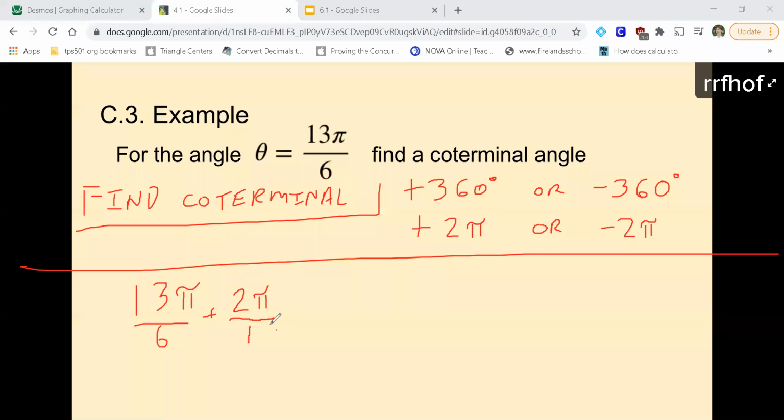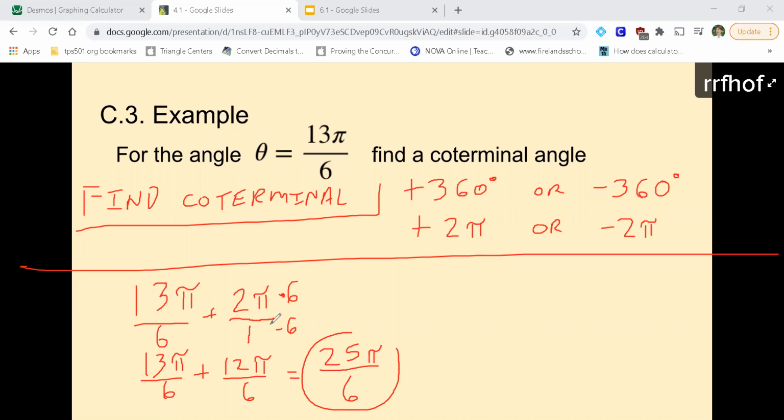So I'm going to multiply by 6 to the top and the bottom, which gets me 13 pi over 6 plus 12 pi over 6. And 13 pi plus 12 pi is 25 pi over 6.